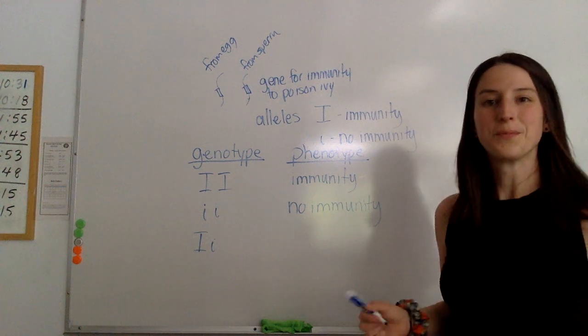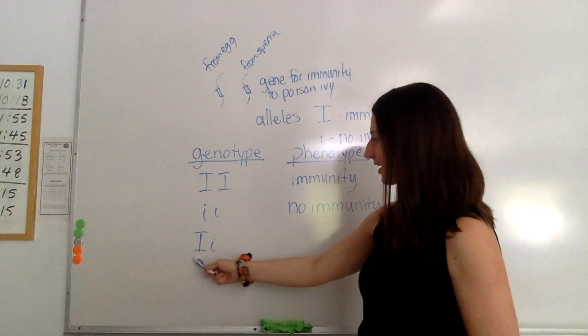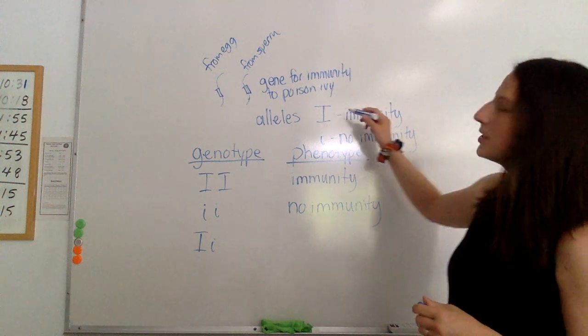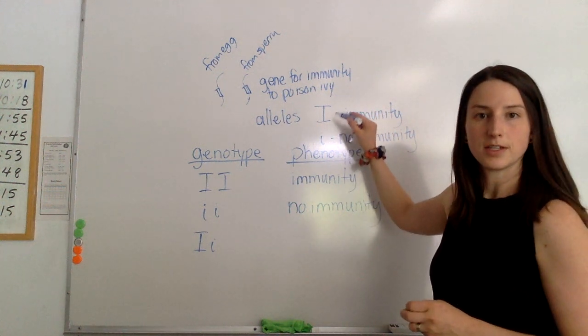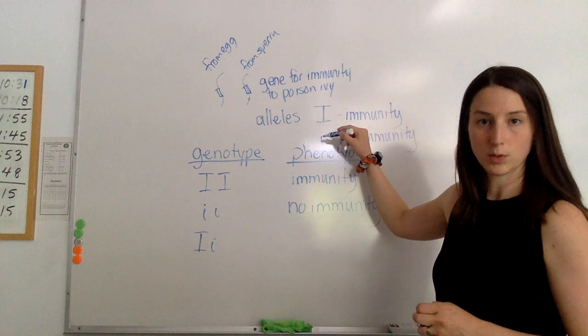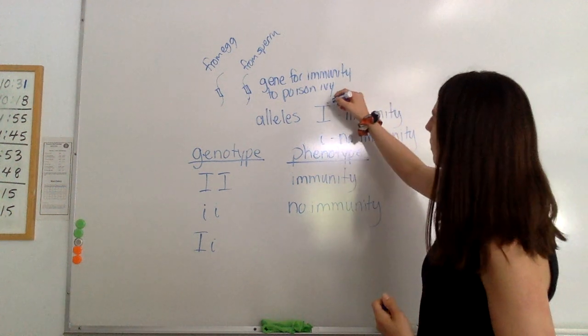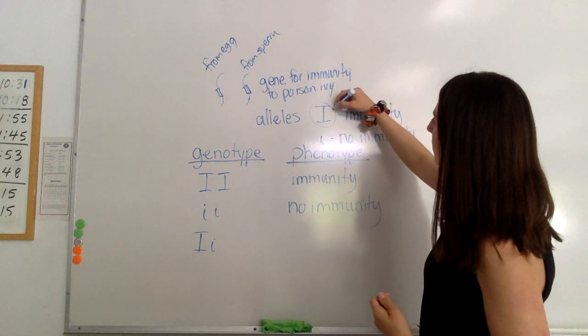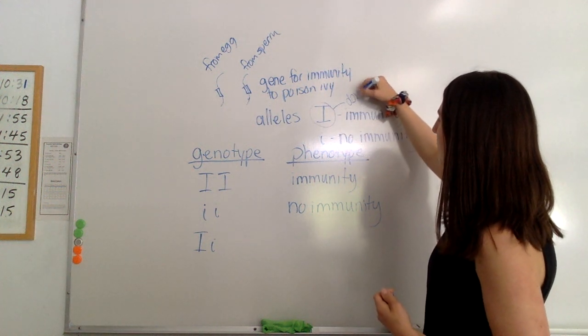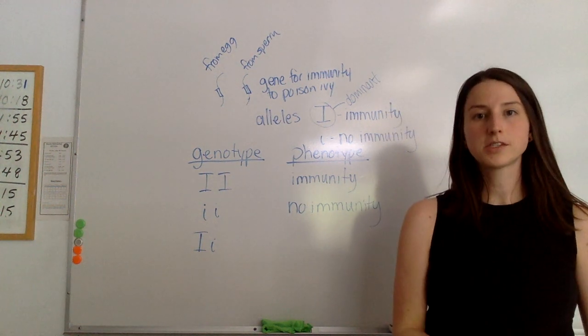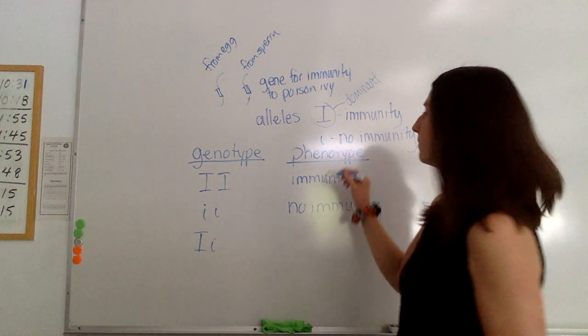All right, so if you have a capital I and a lowercase i, here's the thing. The reason that we represented these with uppercase and lowercase is because one is dominant over the other. So we call the capital letter here, the immunity one, dominant because it masks or hides the other allele.